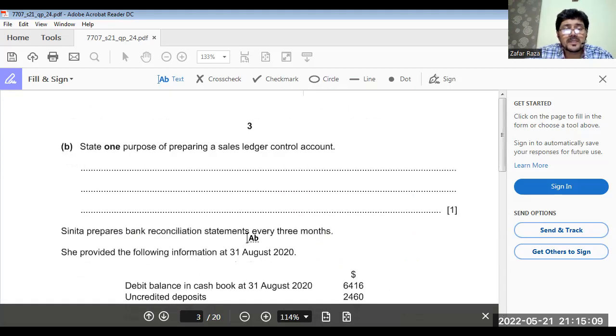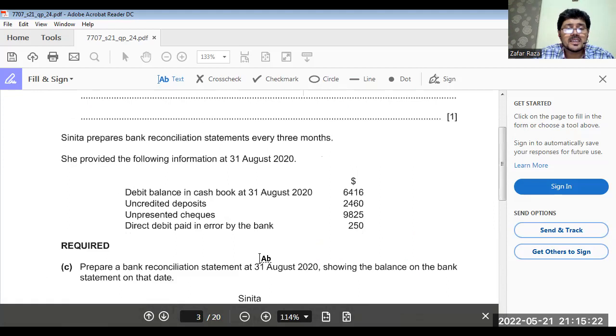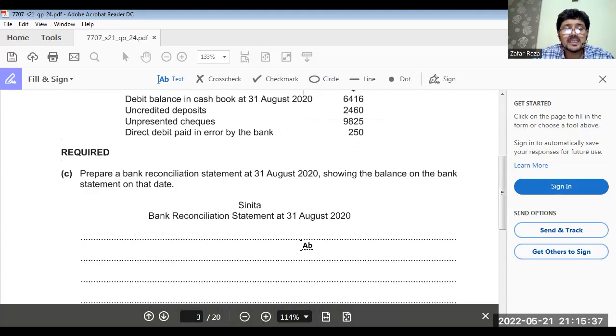Statement purpose of preparing a sales control account: to check the arithmetical accuracy of the sales ledger. Okay. Now, Semita prepares a bank reconciliation statement every 3 months. She provides the following information: debit balance in cash book, unpresented checks, deposits not yet credited, direct debits paid in error by the bank. Now we have to prepare a bank reconciliation statement of 4 marks.